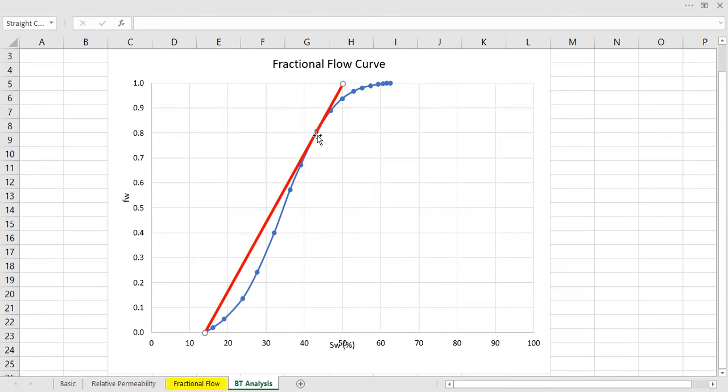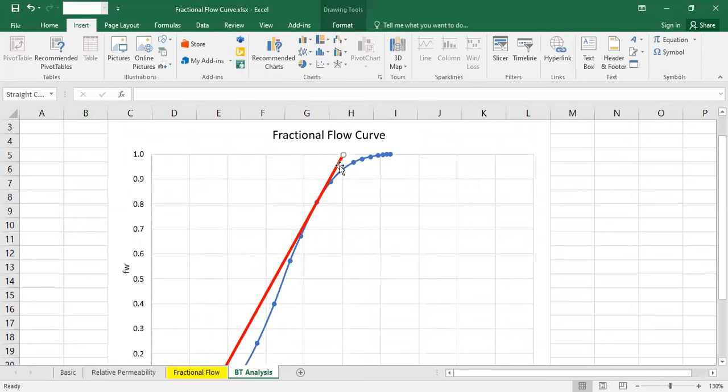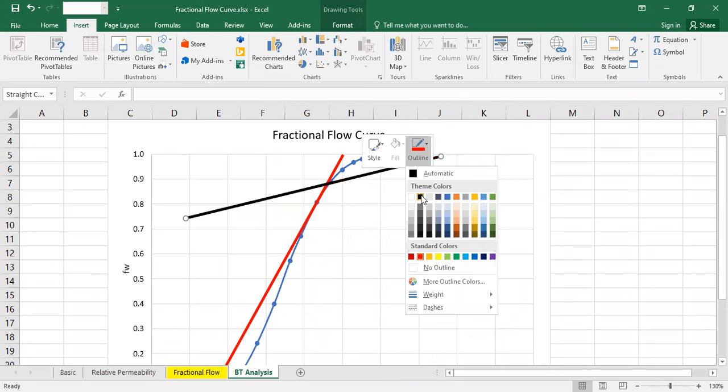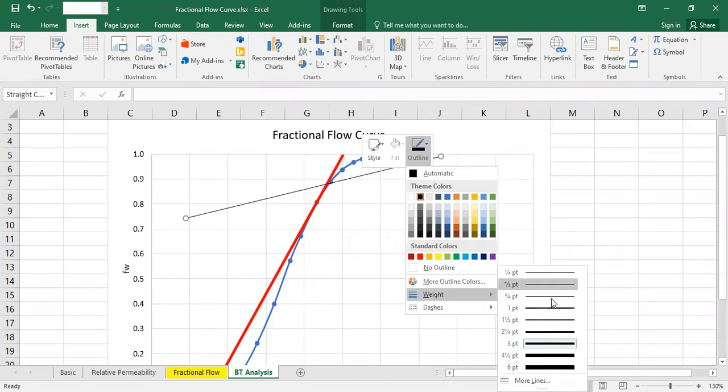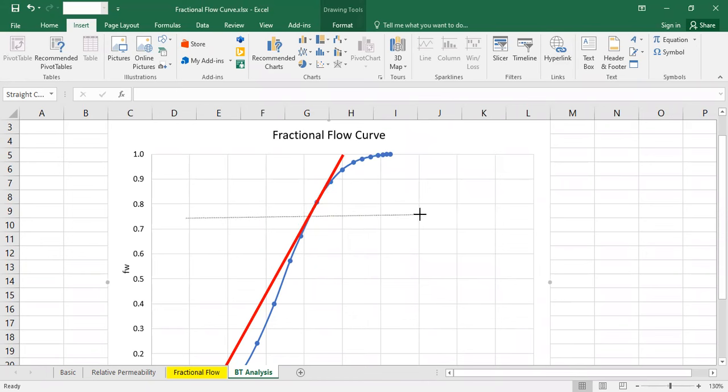By the way, let me make another line, a horizontal line, color it black, make it thinner, and change it to a dash line. Maybe it's around here or maybe there.